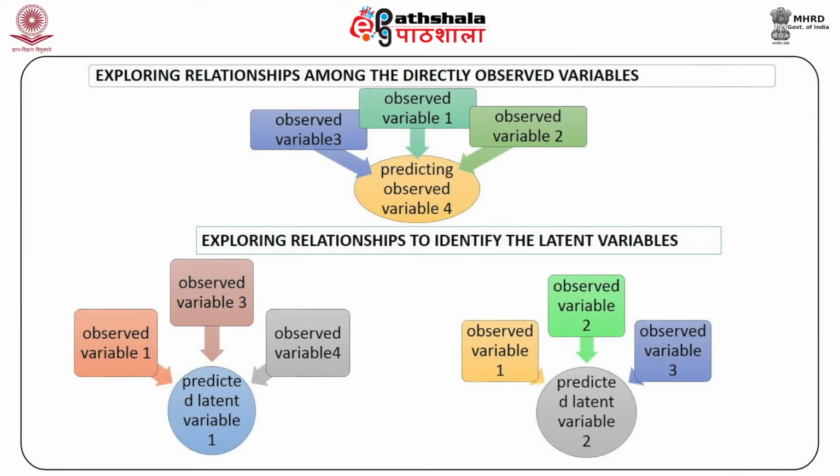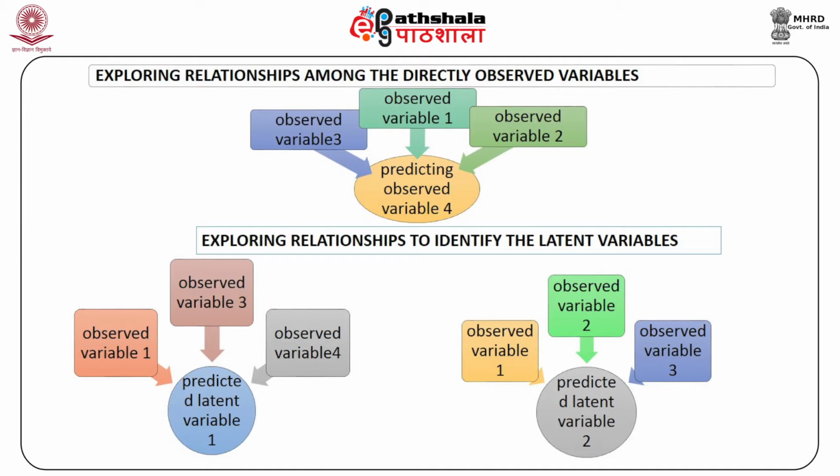Among the observed variables 1, 2 and 3 in predicting the observed variable 4, we can see in the figure panel 1. Similarly, the observed variables help in identifying the latent variables that may be explored by studying the relationships among the observed variables. Look at the figure.